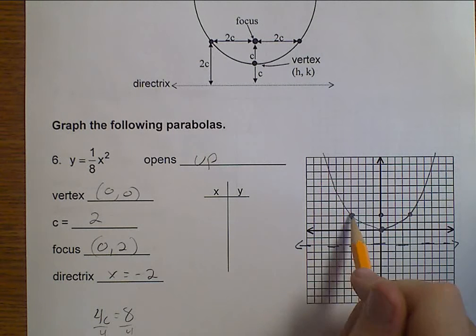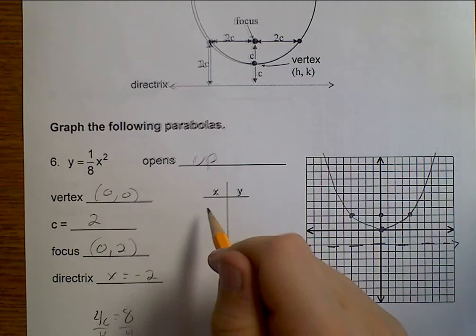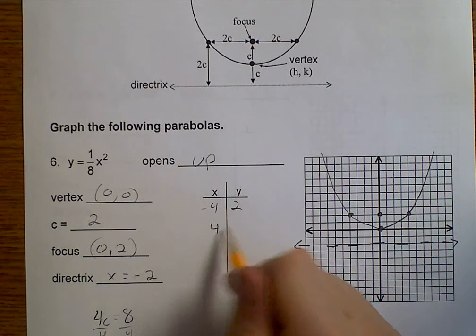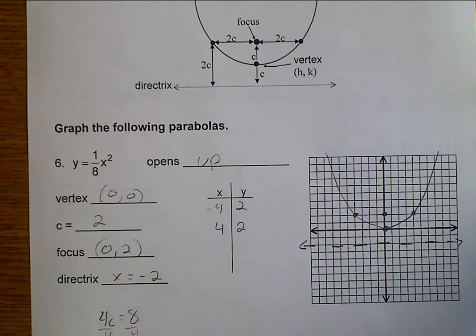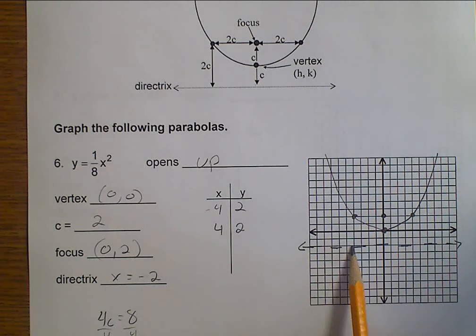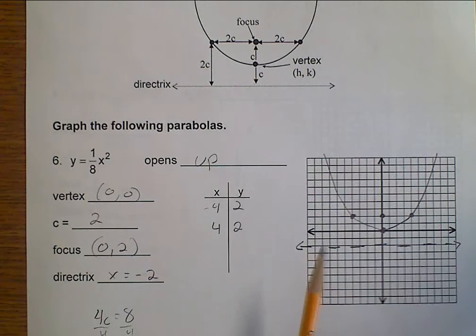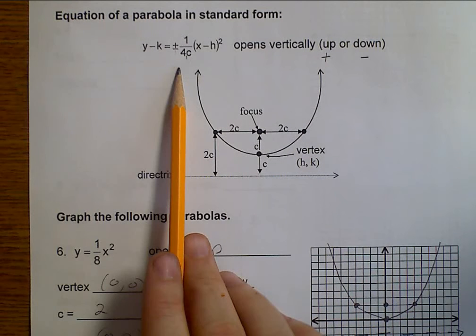This point was at negative 4, 2. And this one was at positive 4, 2. And so this is 4 from the focus and 4 from the directrix. And that's how we'll graph a parabola based on the standard form of parabolas.